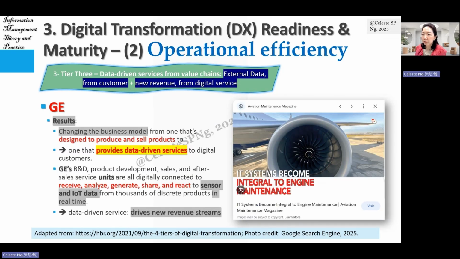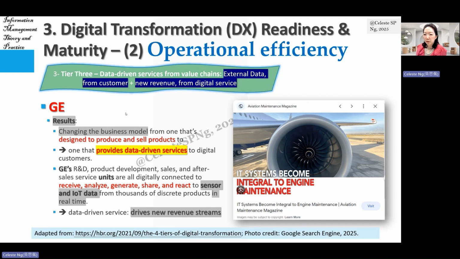Actually, through this third tier of operational efficiency, GE identified a new business model which allows it to generate new revenue from its digital services. And the type of digital service that it provides to its customer is its ability to provide information about the optimal route to take in order to optimize the use of the jet fuel.